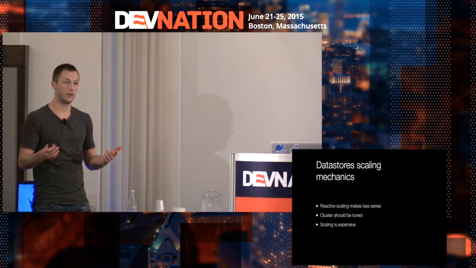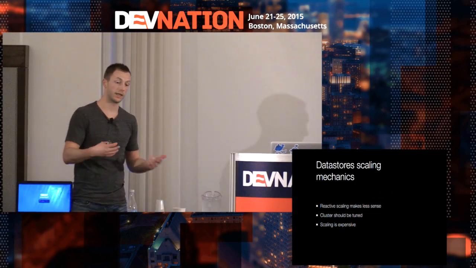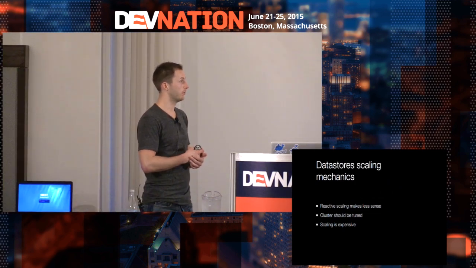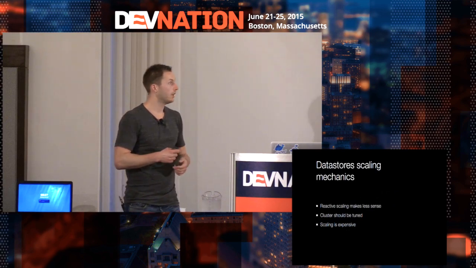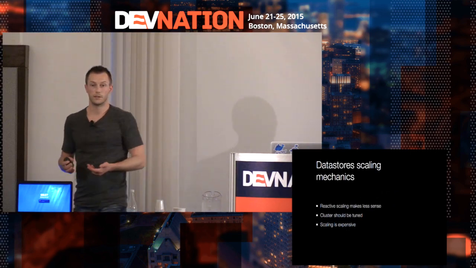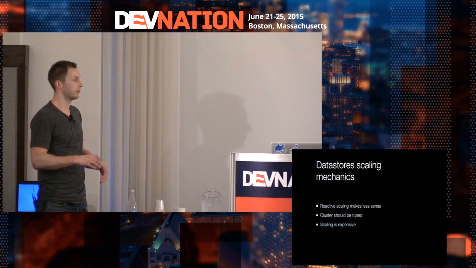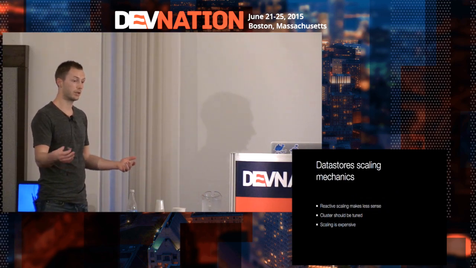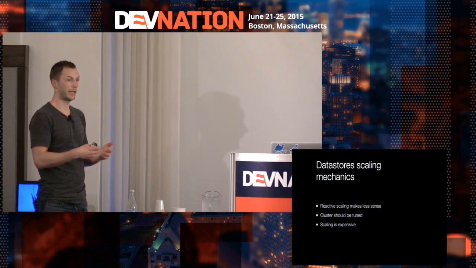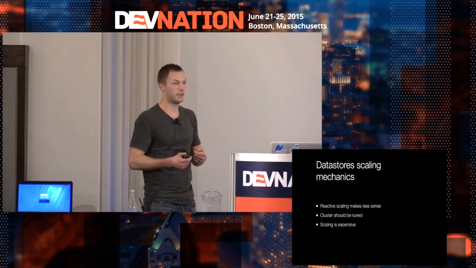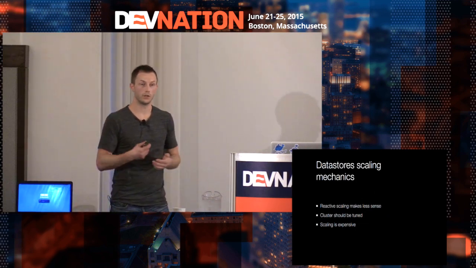So if you're running in a cloud, you want to have better guarantees of the IOPS that you want to pay for and want to use. And in general, scaling is just expensive. So you want to make a choice to add new machines to your cluster, instead of that happening all automatically. So that means this just doesn't really fit with the whole dynamic nature of Kubernetes.